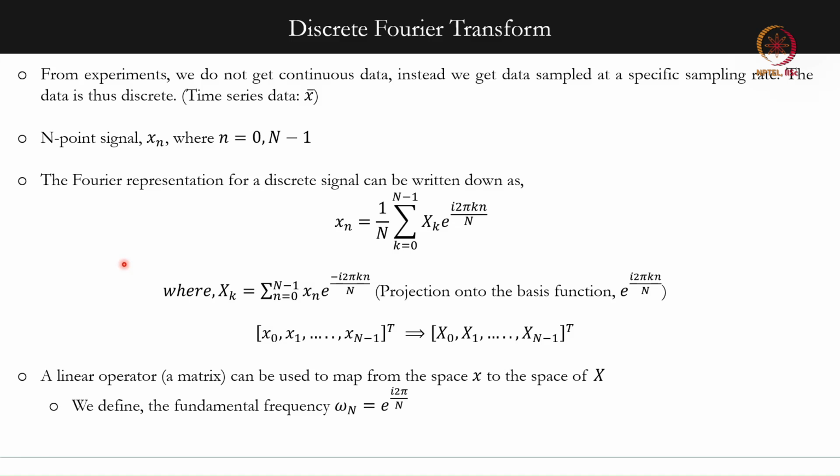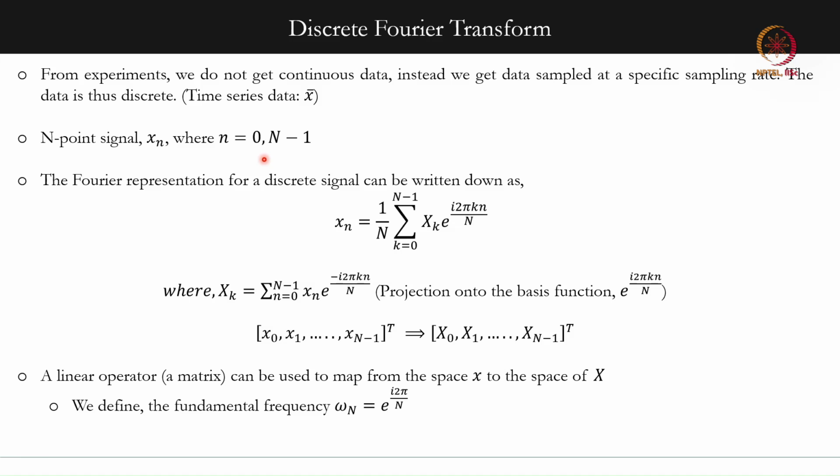Suppose I have a data series, I'm going to represent it in vector format. Say that x is my data vector and that x has n points. I have n data points in that signal, and x_n shows the representation of a data point in that signal, where this value of n can take a number anywhere from 0 to n minus 1.